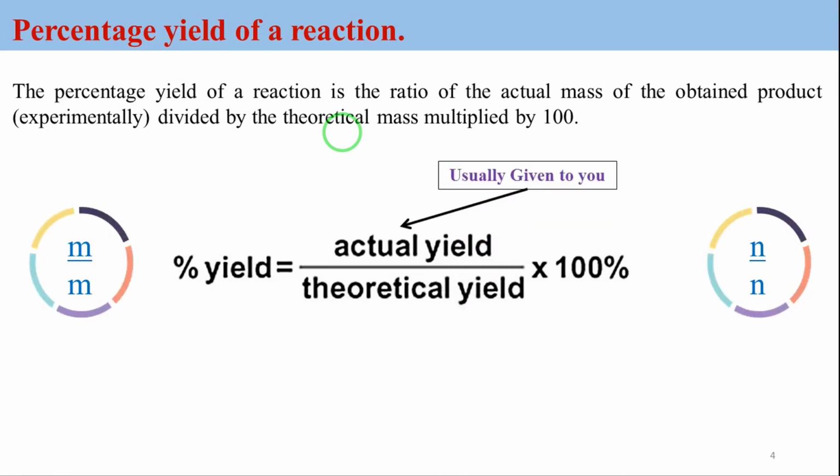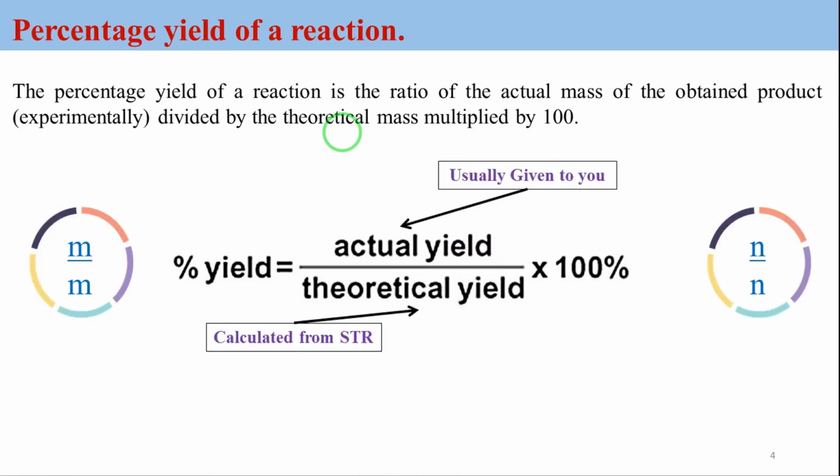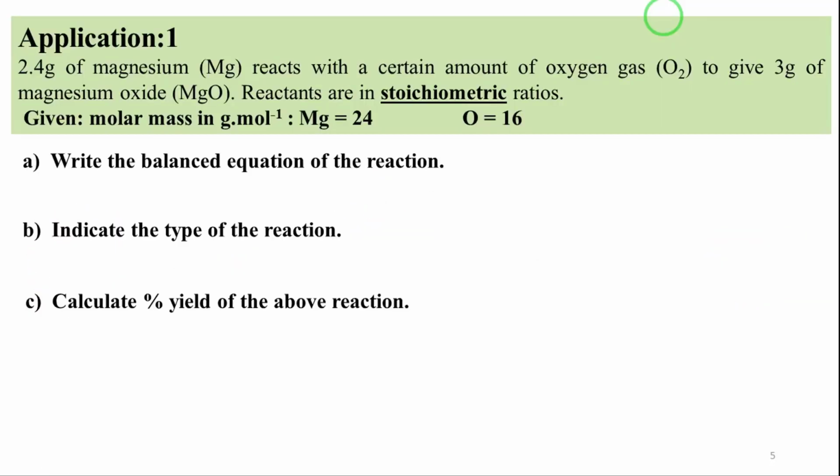For the actual yield, usually it will be given to you, while the theoretical yield must be calculated from stoichiometry. But if you have the percentage yield and the theoretical yield, we can deduce the actual yield. So let's solve this application together.